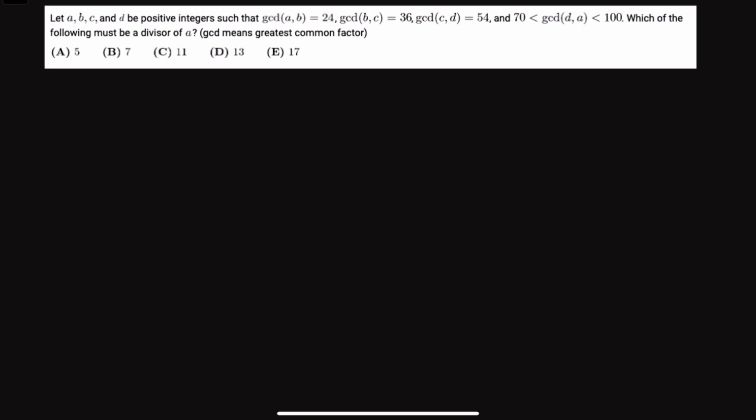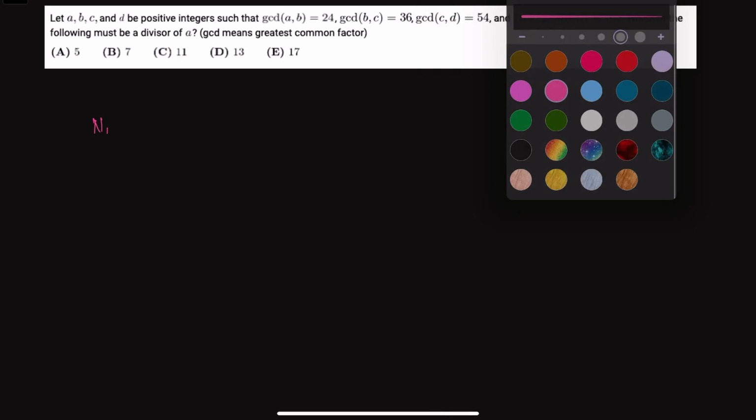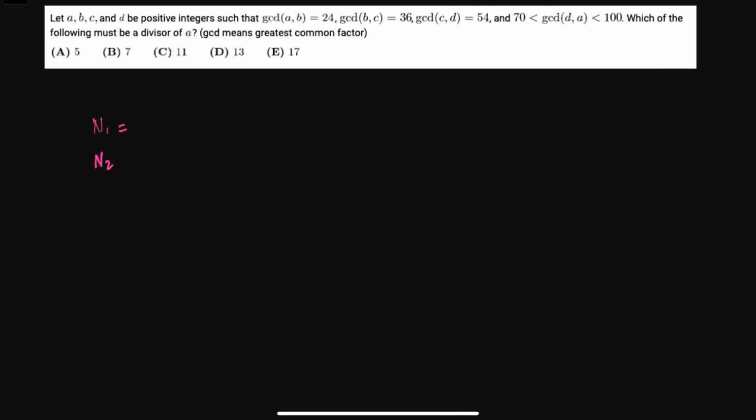First, if we have two numbers n1 and n2, and we have to find their GCD, we first need to prime factorize. Suppose n1 has a prime factorization of p1 to the power alpha 1 into p2 to the power alpha 2 and so on till pn to the power alpha n, and n2 has its prime factorization as p1 to the power beta 1 into p2 to the power beta 2 and pn to the power beta n.